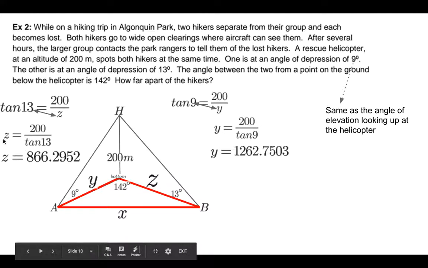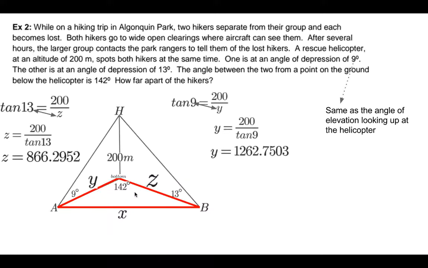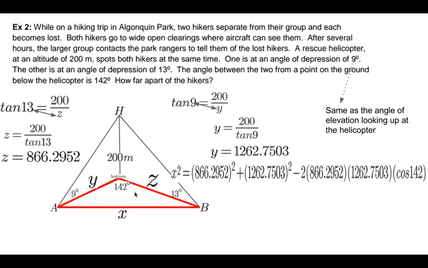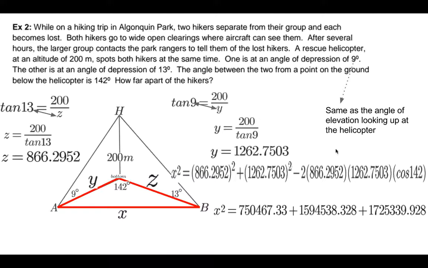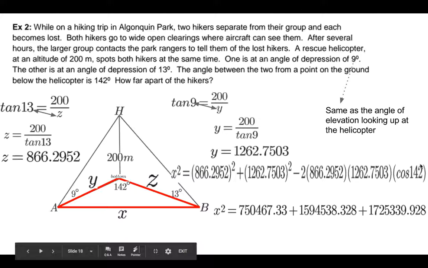Then using the cosine law, it's kind of like Pythagorean theorem, but minus the 2ab cosine 142. It looks ugly, but that's because they're big numbers. So we just have to be careful punching things into the calculator. My advice would be to get these two numbers first, and then do this second, or do this third. This becomes a positive because of the cosine 142.